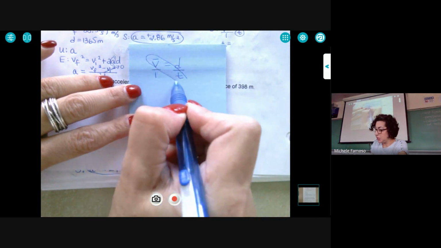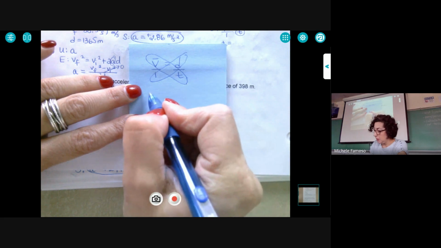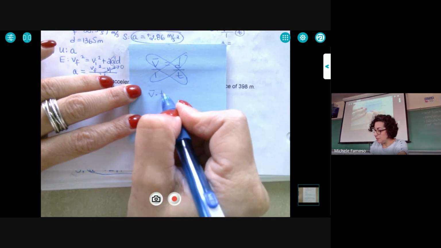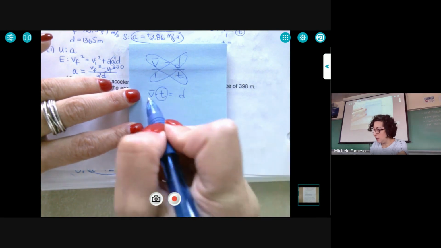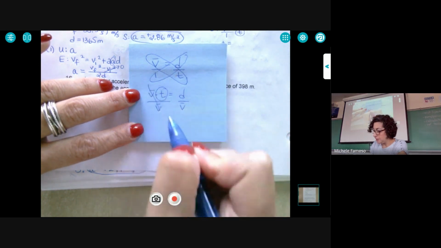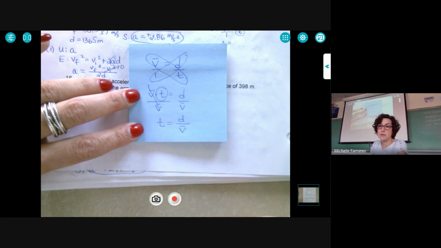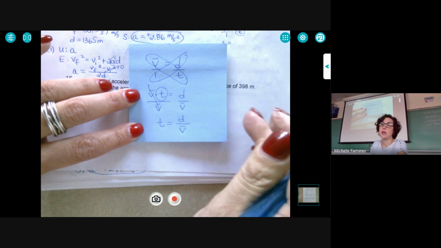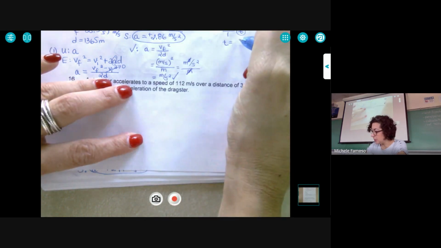You have to linearize this because the variable you want is in the denominator, giving you V bar times T equals D. Now, how do I get T by itself? We divide both sides by the V bar. So the time will be the distance over the average speed. Okay, that's what we're going to get. The time is distance over average speed.